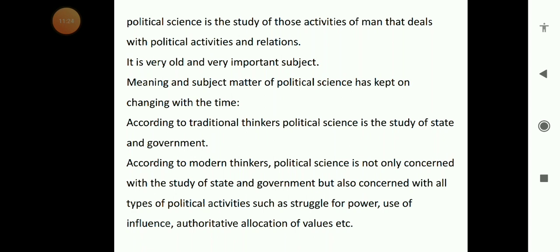And with the passage of time, the meaning of this subject and subject matter has kept on changing. If we talk about traditional thinkers, political science is the study of state and government. Some of them say that it is the study of state, some of them say it is the study of government, some of them say that it is the study of both state and government.